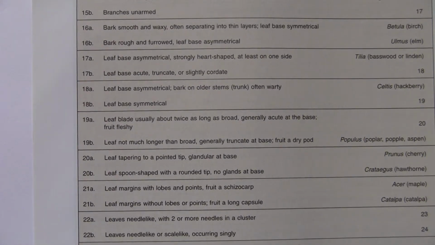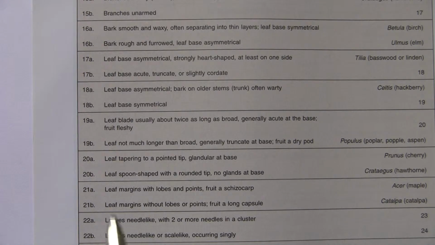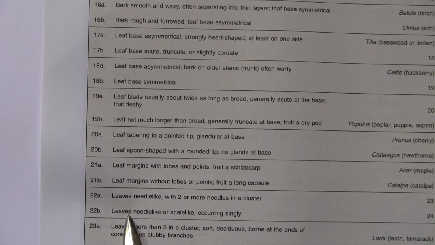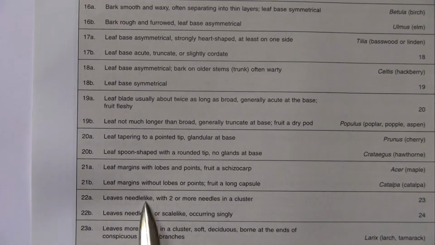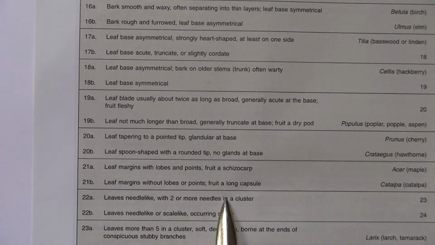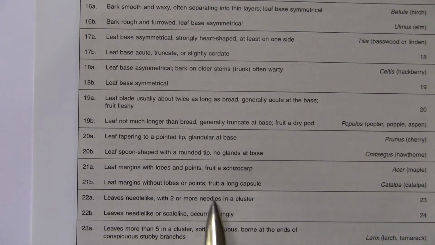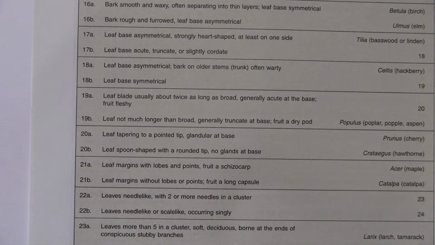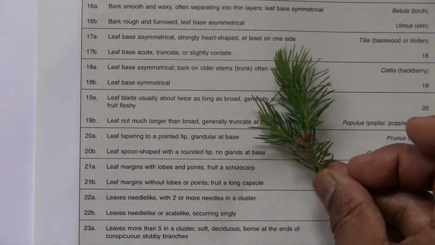Here we are. On to point 22, we have another couplet, two points. It says leaves needle-like with two or more needles in a cluster. Obviously, you saw my specimen seemingly having many.